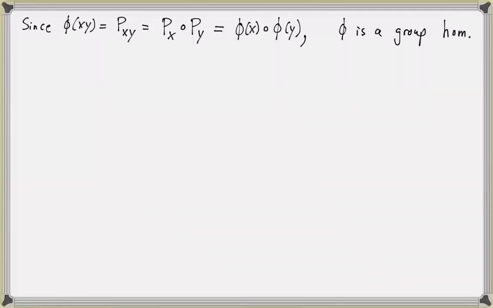Now we need to show that phi is bijective and therefore is an isomorphism. Well, by the way that H was constructed, we see that phi is onto.